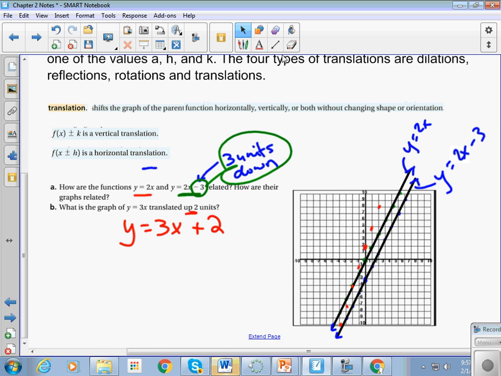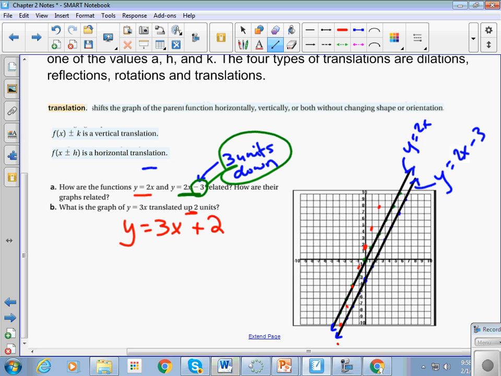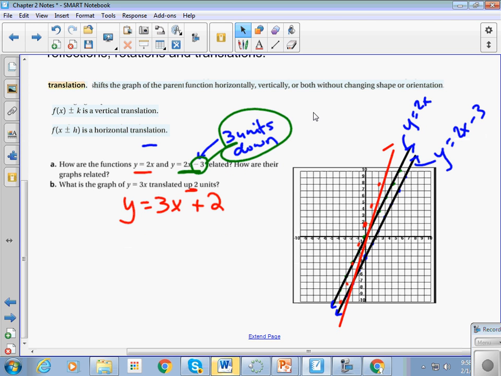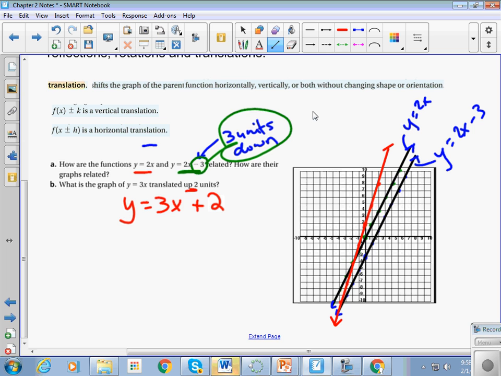So this line is here. I'll graph the original line for you so that you can see. The original line is y equals 3x, so that would start at 0 and go up 3 over 1.